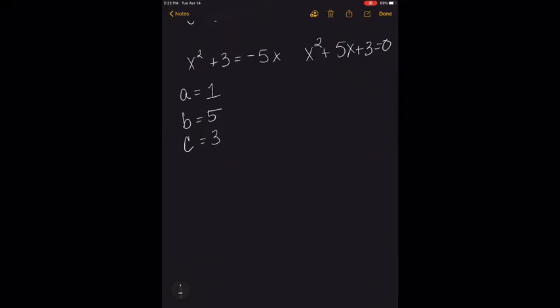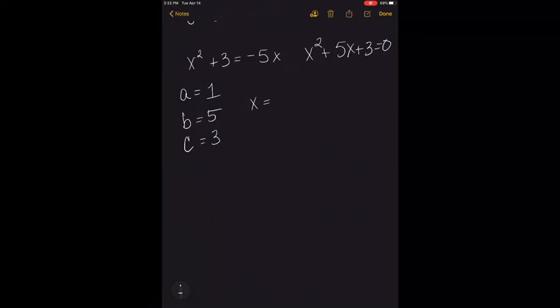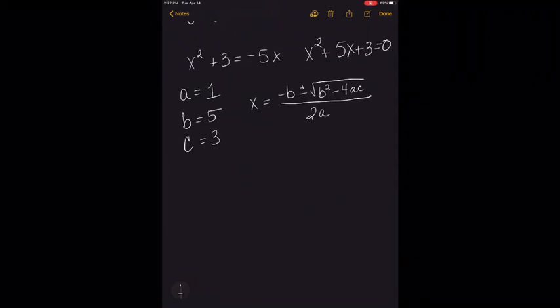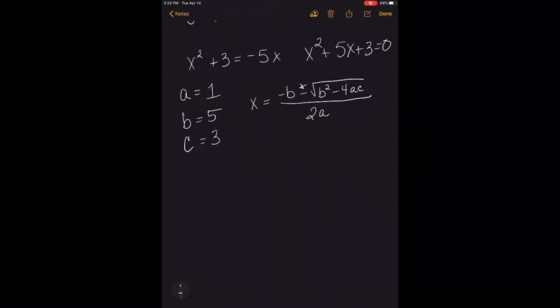And even though I have it written up above, I'm still going to write the quadratic formula: x equals the opposite of b plus or minus the square root of b squared minus 4ac all over 2a.